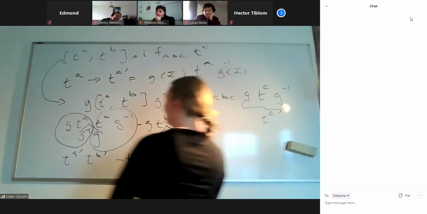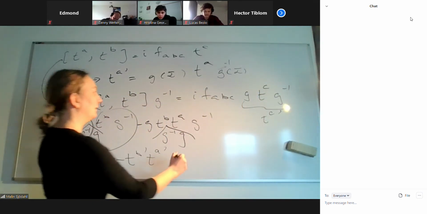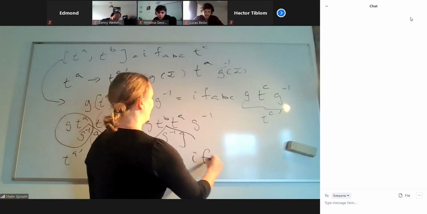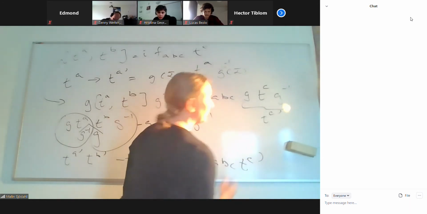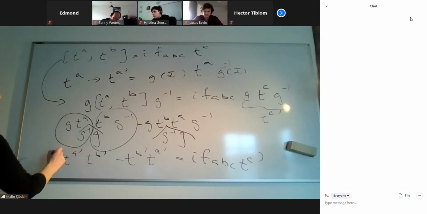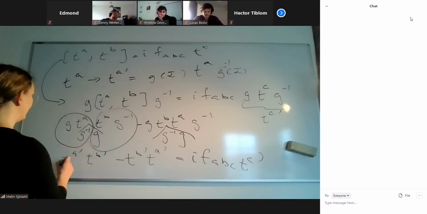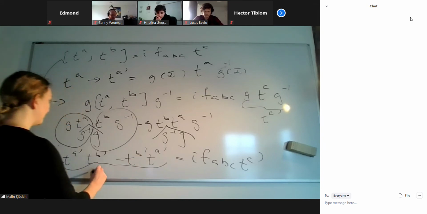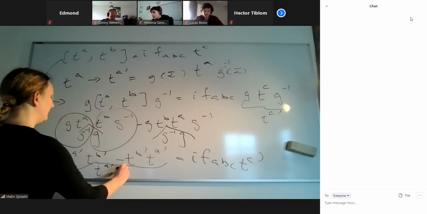So I have PA prime, PB prime minus PB prime, PA prime is i f_ABC PC prime. And now this here is of course nothing but the commutator between PA prime and PB prime.